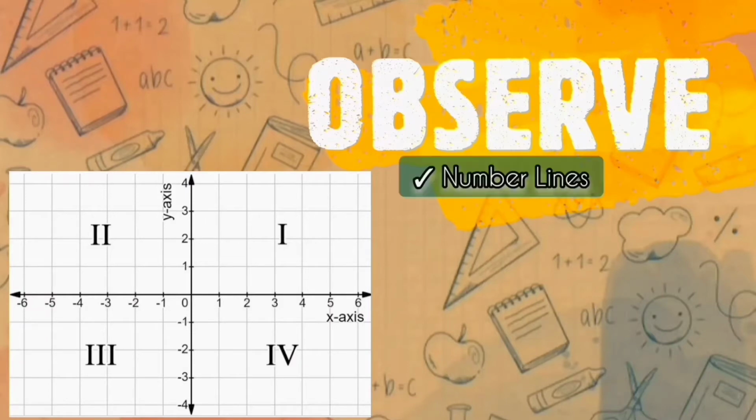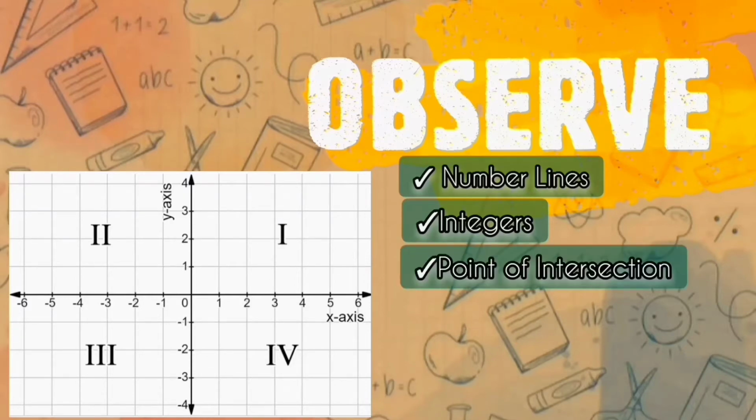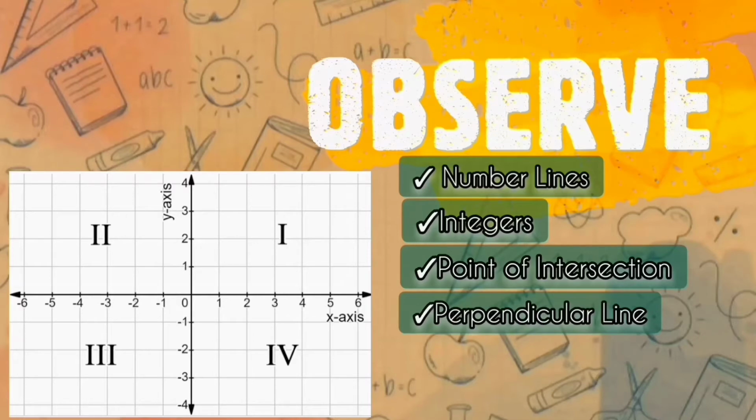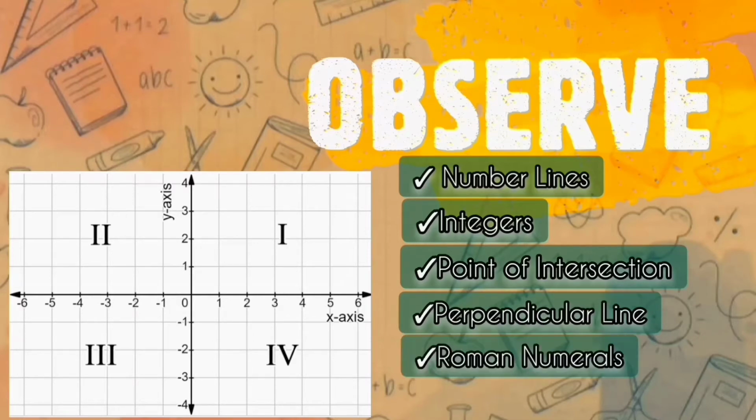Okay, number lines, integers, point of intersection, perpendicular lines, Roman numerals, regions. Okay. Also, you have observed that it has x and y axis. As what I observed, you have the idea of some of the basics of algebra.